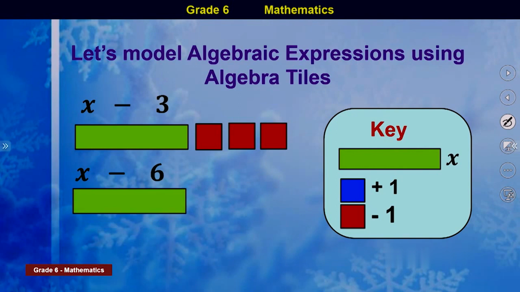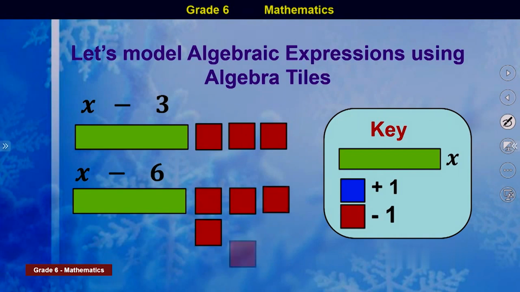Then I want to represent -6. I have to use red squares for -6. How many squares do I have to use? Yes, I have to use 6 red squares. 1, 2, 3, 4, 5, 6.